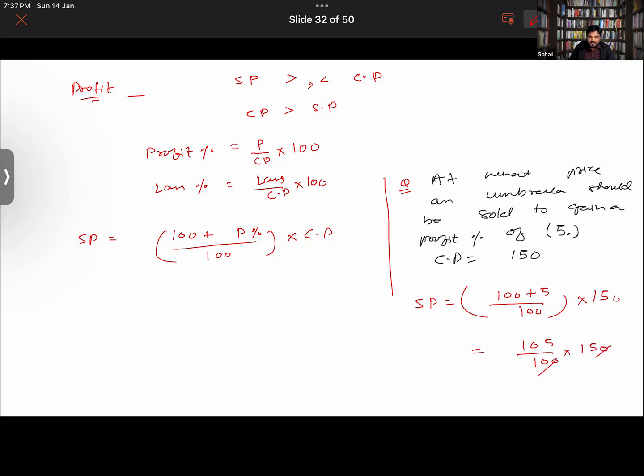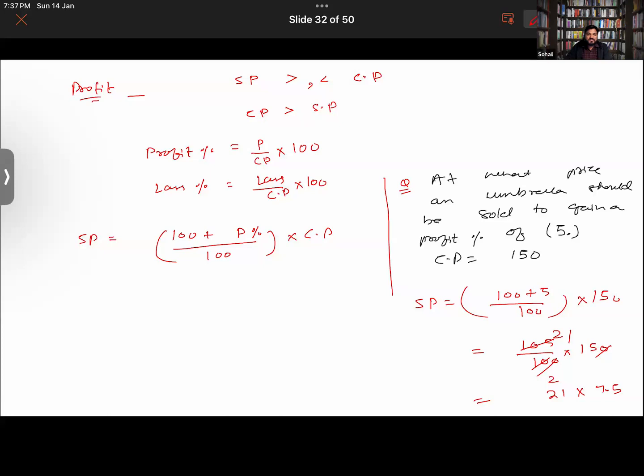Okay, now. So thereby that is how much? 21 times 15 upon 2. So 21 into 7.5. Yes, that is how much? 21 multiplied by 7.5.